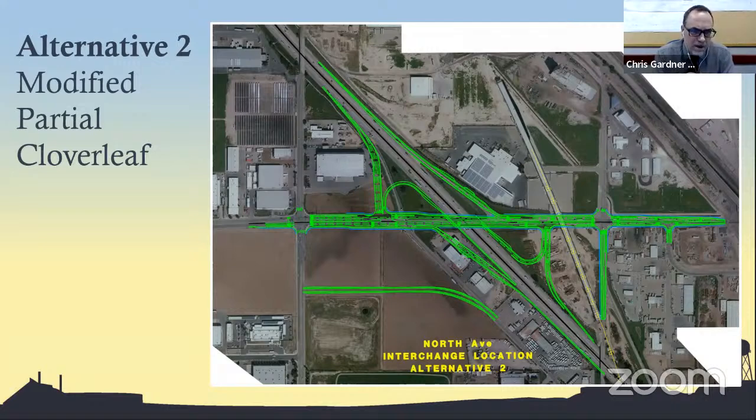When the loop on-ramp and the off-ramp connect to North Avenue, there would be a signalized intersection at this location where my mouse is, and you would have one on either side of the freeway.